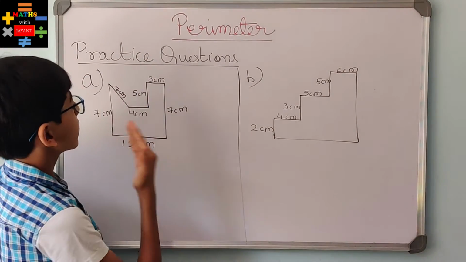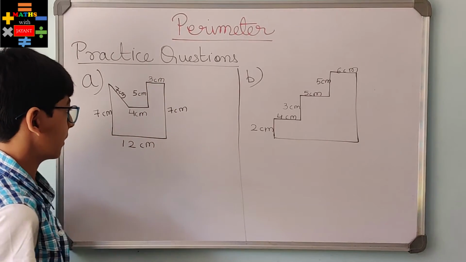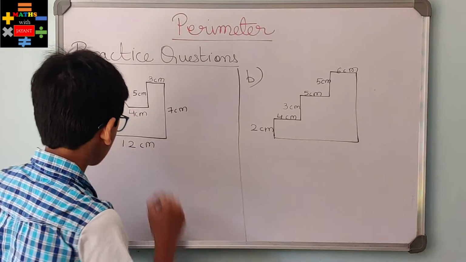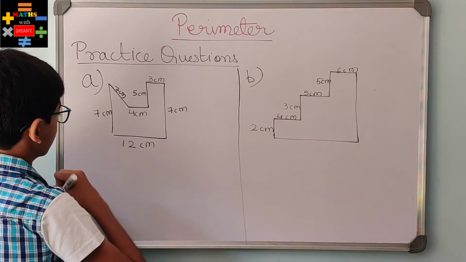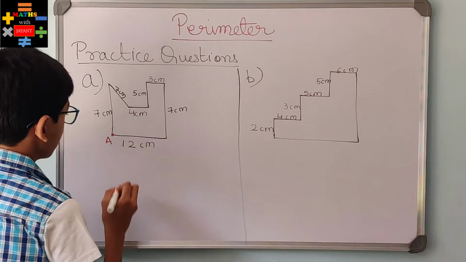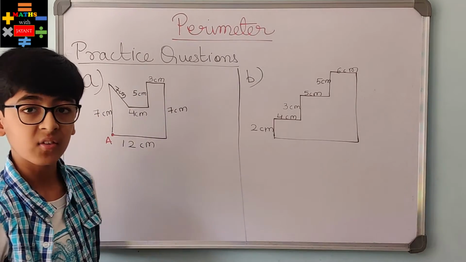First, let us start off with question number A, where we have this type of an irregular figure. So what do we do? We take a point. Let us take point A over here. So we go like this and we add all the dimensions that come in our way.